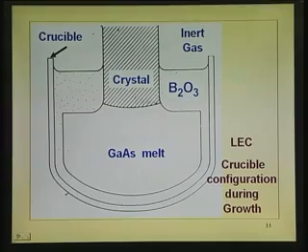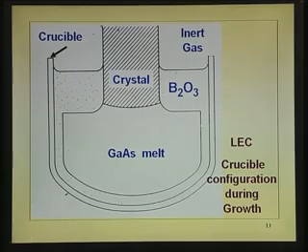And you can see all through, this B2O3 is the protector. It is lighter than gallium arsenide, density lower, therefore, it is a cap all through, and you may get a coating of that on the crystal as you pull it. This is called the LEC technique, liquid encapsulated Czochralski.